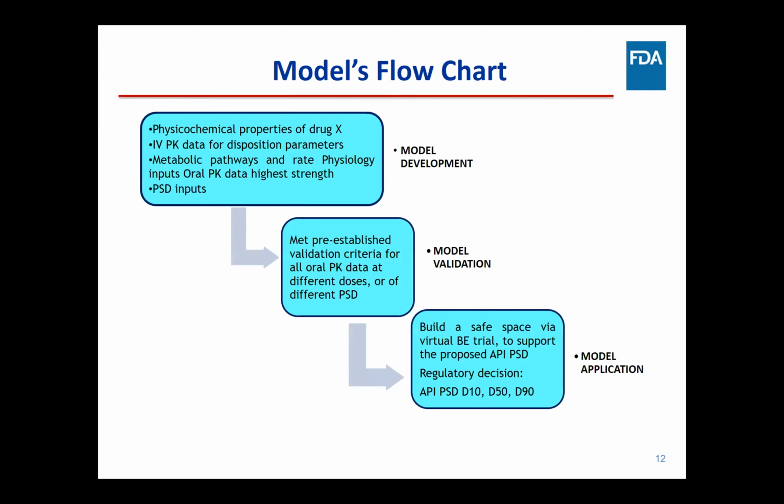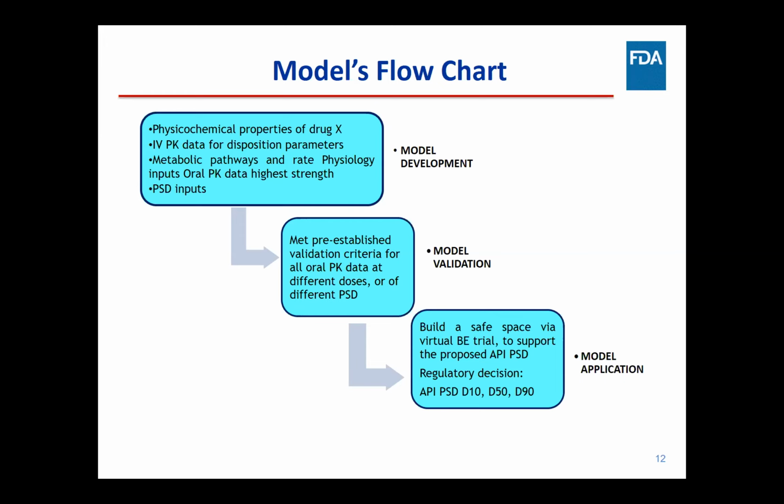Slide 12. Here in this slide, summarizing what I just said, but in a workflow. This workflow indicates that drug physchem properties, IV data, oral PK data, and particle size inputs were used in the model development, and the model is validated by another set of oral PK data with different particle size distributions and with different doses.